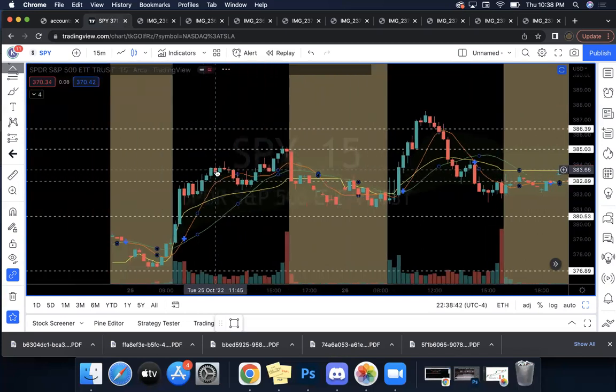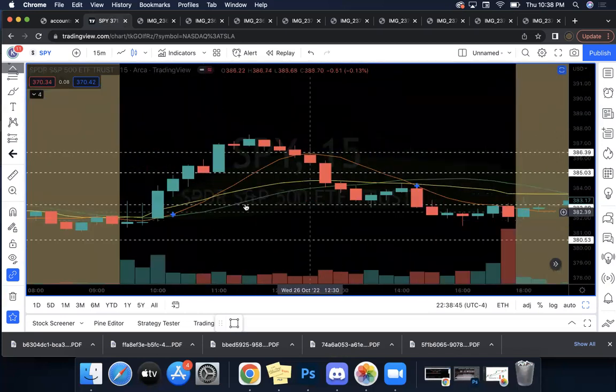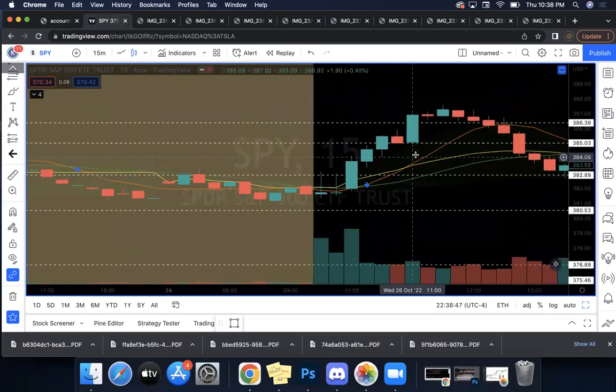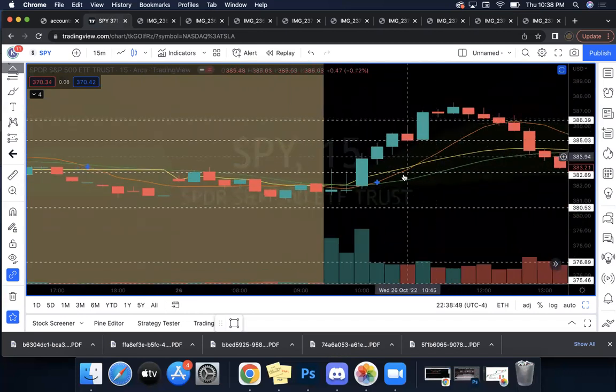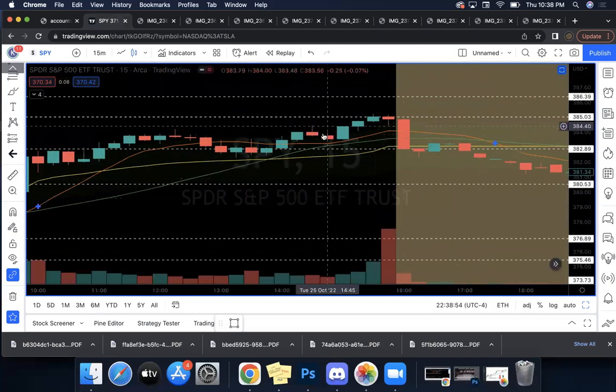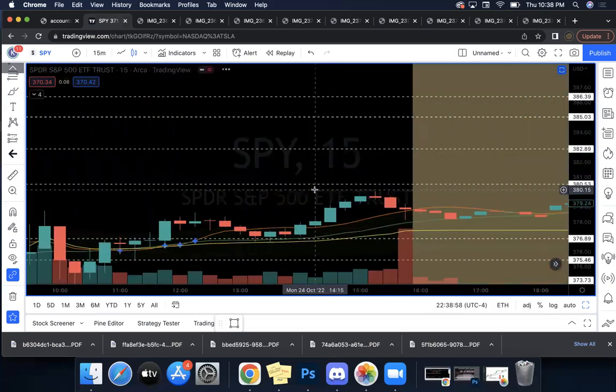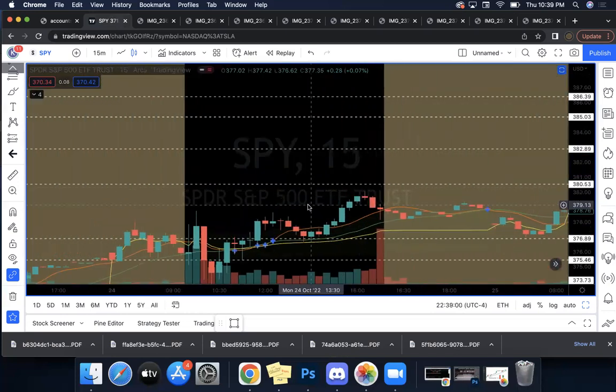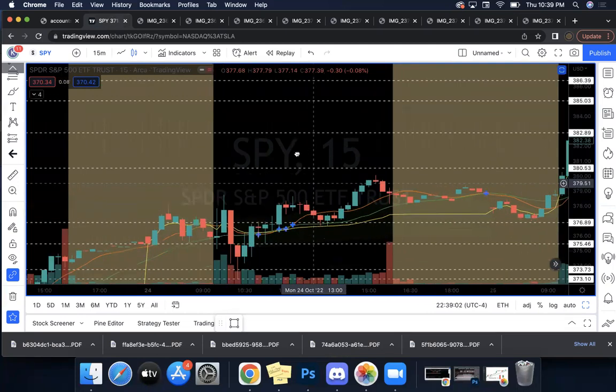Here too. Let me zoom in for you guys. So this is one right here, bullish engulfing. This is another bullish engulfing. So they're there, guys. You just gotta be ready to react and not be scared.